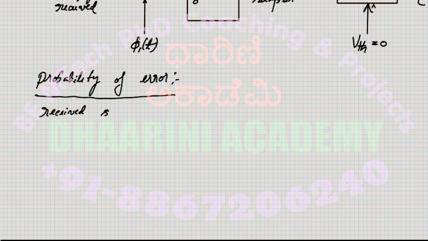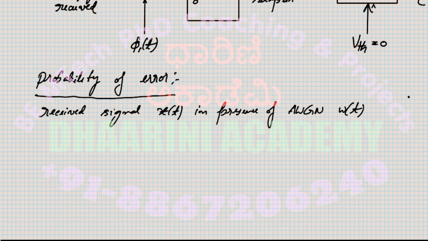The received signal, normally denoted as x of t, is in the presence of AWGN, additive white Gaussian noise. How do you denote that? That is w of t. We used it yesterday.